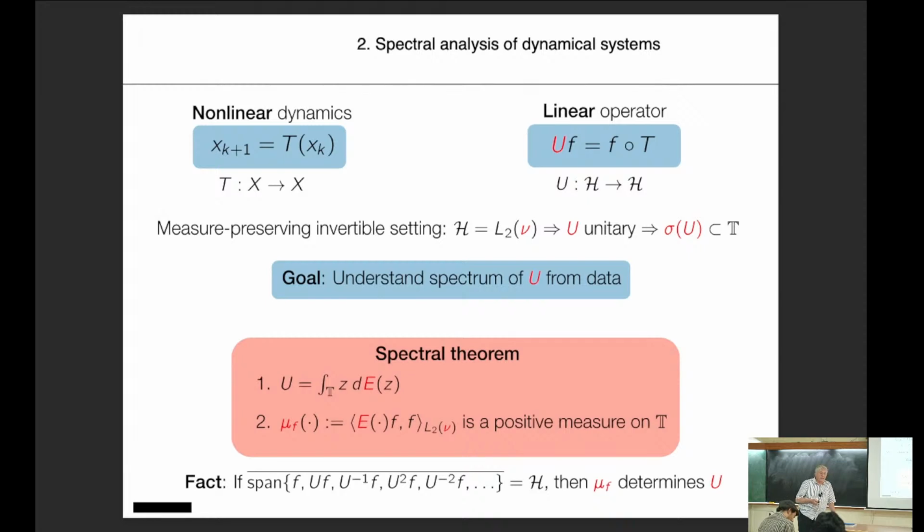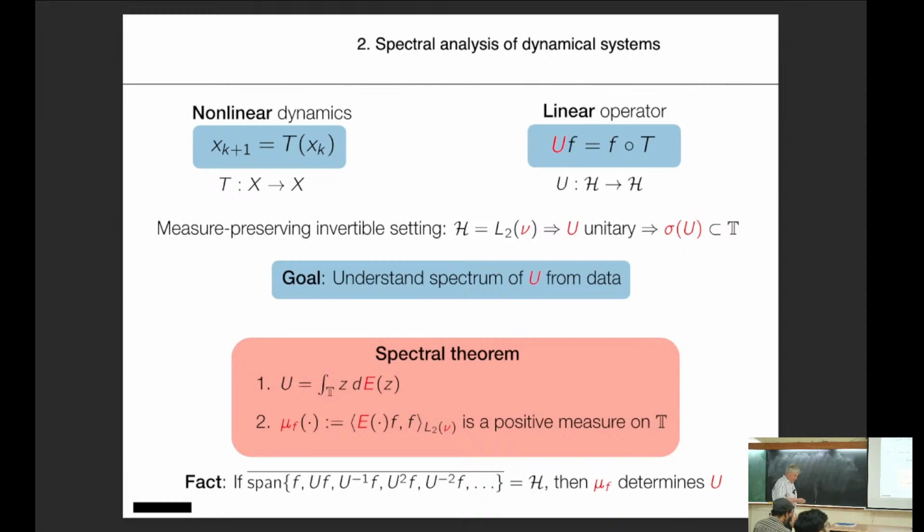Well, the idea is that the Christoffel Darboux kernel, as we saw, can help us understand and uncover the behavior of the dynamical system, namely point masses of the spectral measure, the absolutely continuous part, and the more delicate singular continuous part are detectable by the Koopman operator applied to the spectral measure of the operator. So we take such a generic vector function so that the span is the whole space.